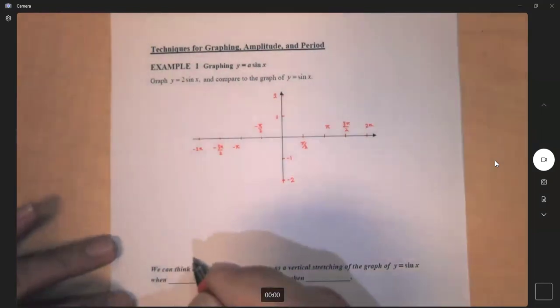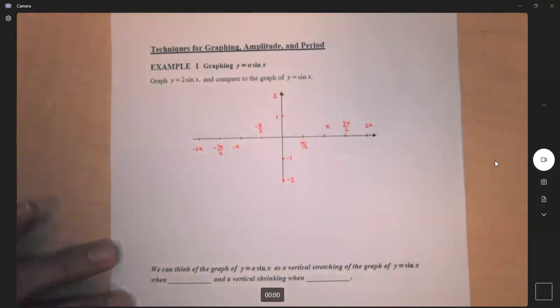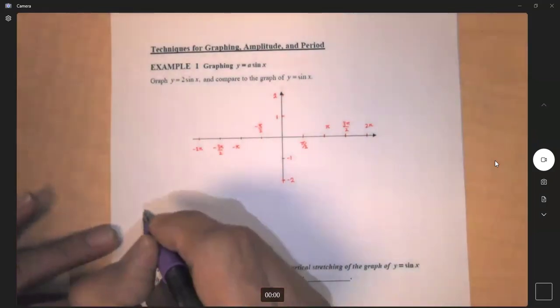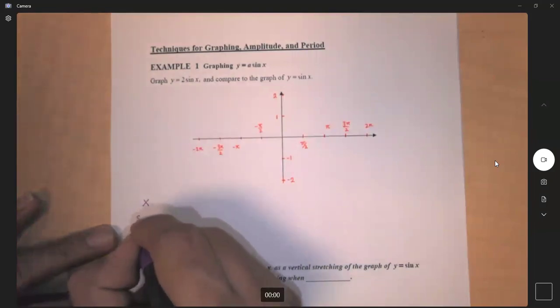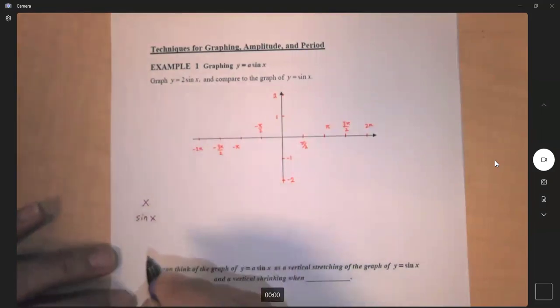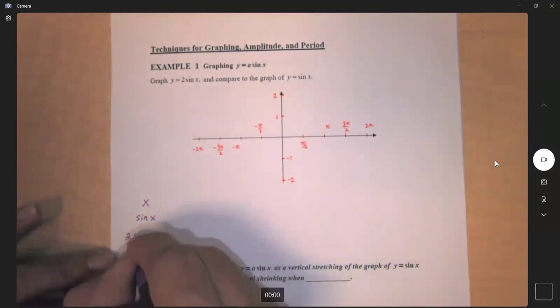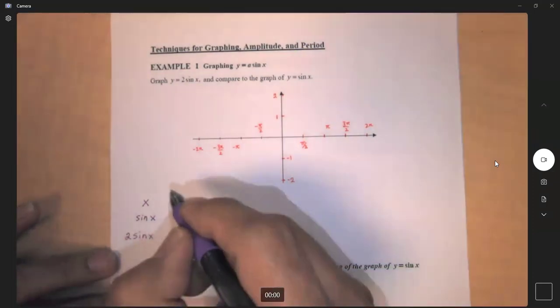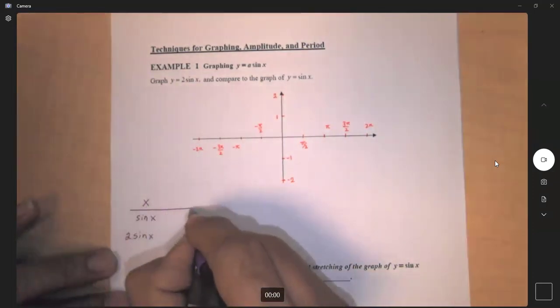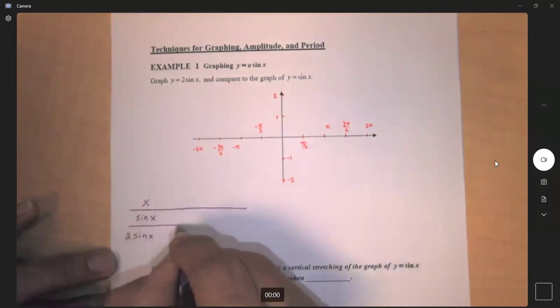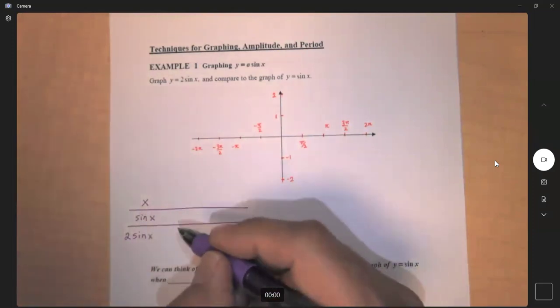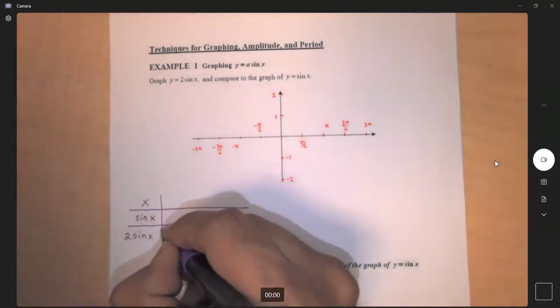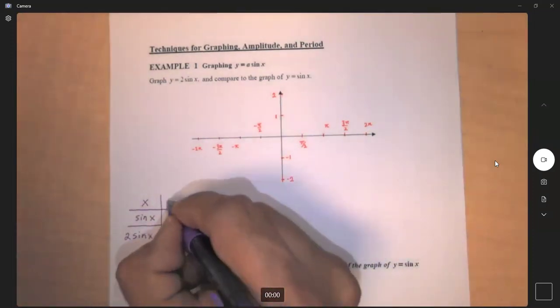So I'm going to make a table here where I'm going to have the x values, then the sine values of that, and then 2 sine x values. And I hope that with practice, you'll be able to do this without the need to reach for anything to do it for you.